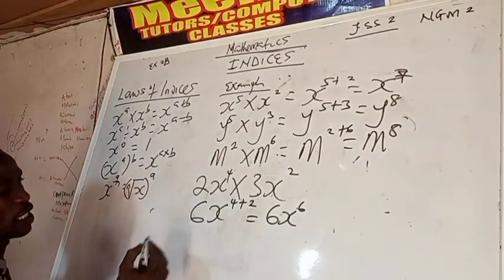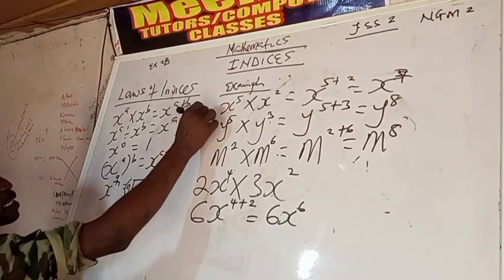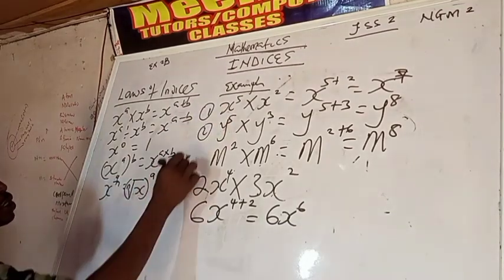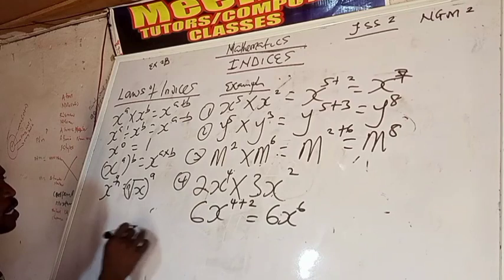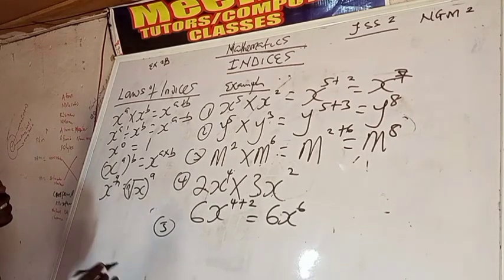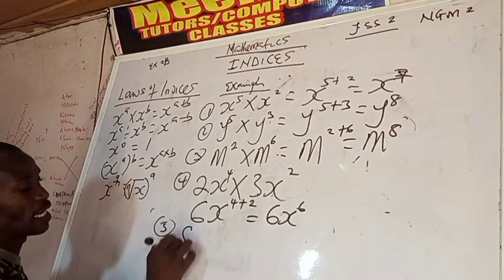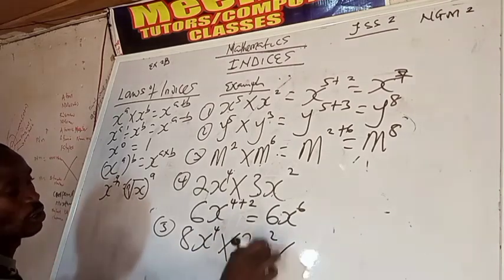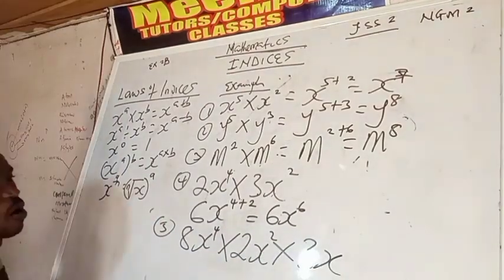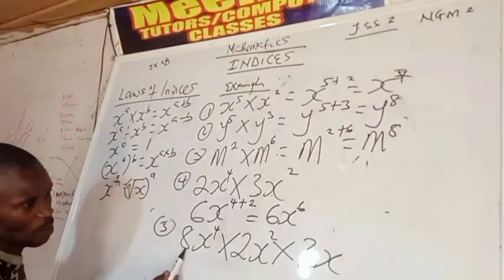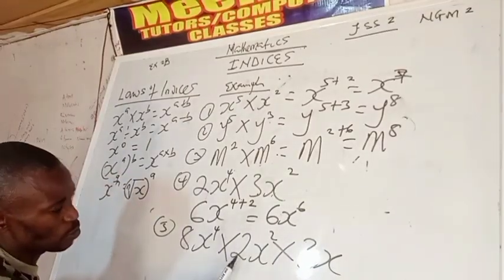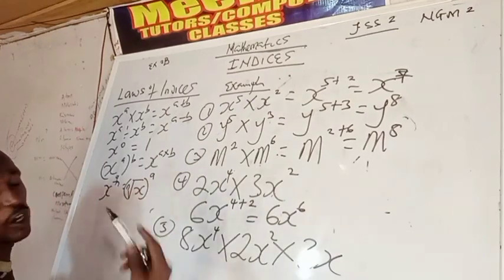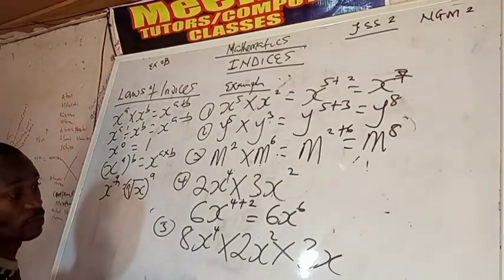I still go on again. Now we can see how I take this one. Let's see, if you have 8x raised to power 4 times 2x raised to power 2 times 3x. Of course, number for number. 8 times 2, okay, 8 times 3, 24, 24 times 2, 48.